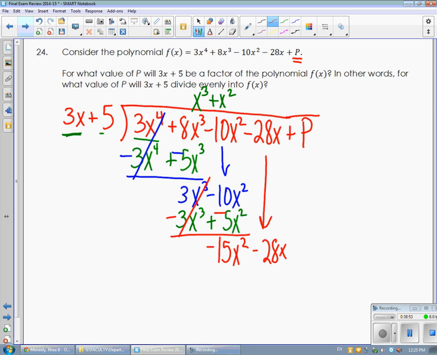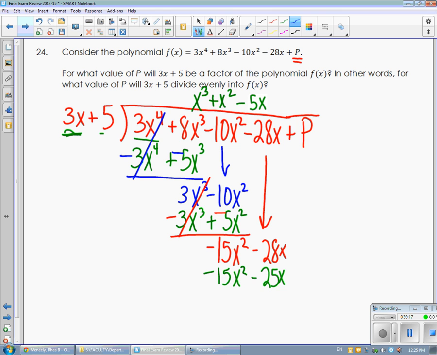Okay. Now I'm thinking, what do I need to multiply 3x by to get negative 15x squared? So I need to multiply 3 times negative 5 to get negative 15, and then I need another x. So I'm going to multiply by negative 5x. When I multiply through, negative 5x times 3x is negative 15x squared. And negative 5x times 5 is going to give me a negative 25x.